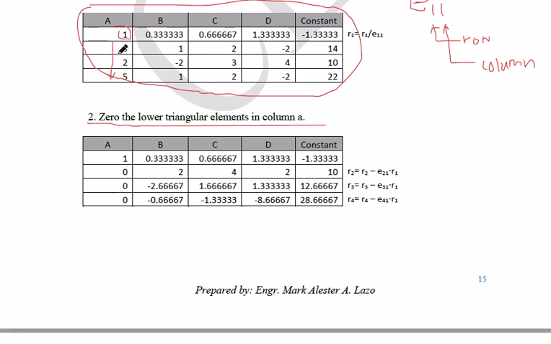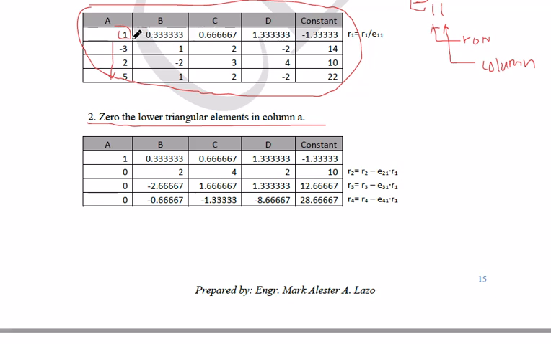And how do we do that? So in order to make this element into 0, of course, we are to subtract the elements with the same value as the element. So that's why we have arrived at this formula.